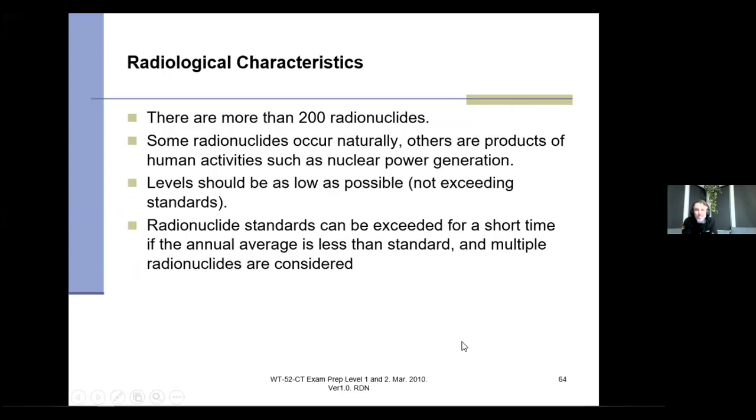There's some new stuff too, and it's not widespread, but there are radiological characteristics too. There are 200 radionuclides. Also, if you're in a zone where there are lots of volcanoes, there are definitely some radionuclides around there. Always be aware that this exists.